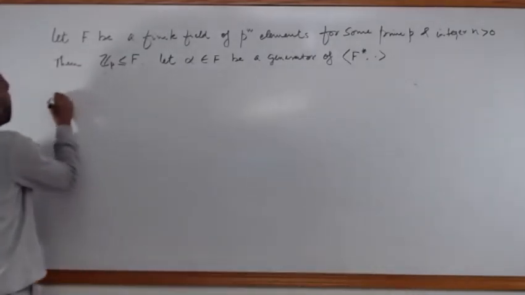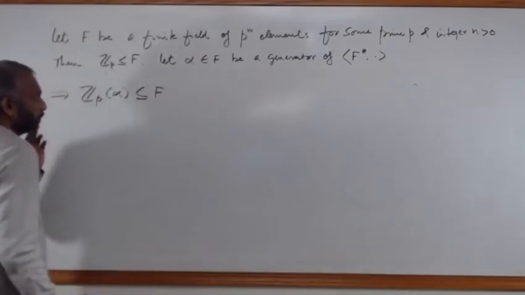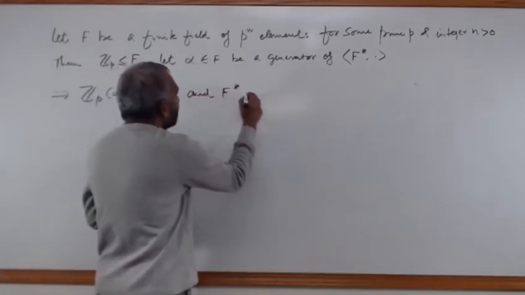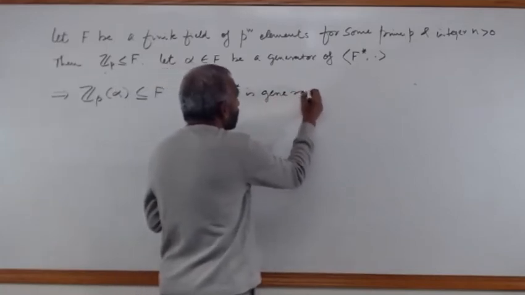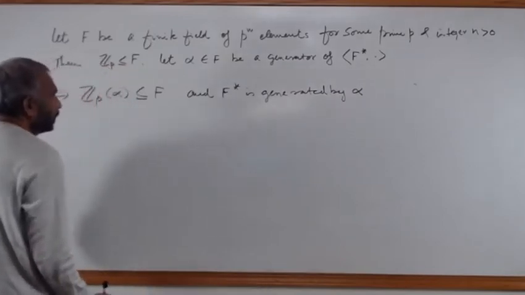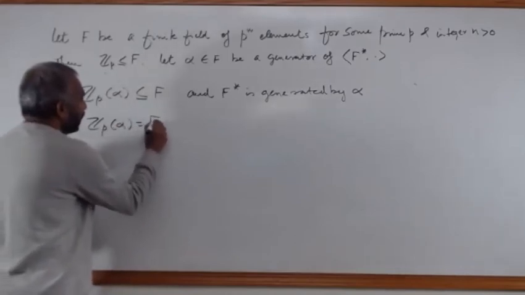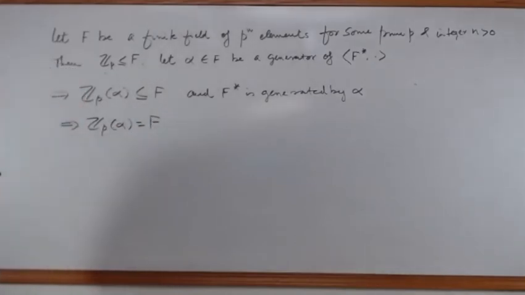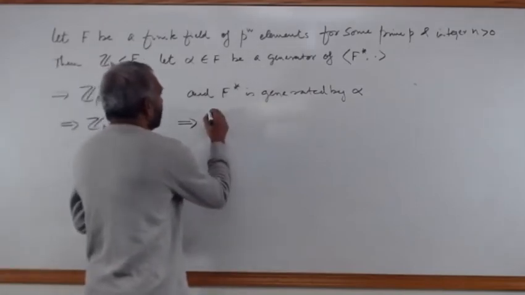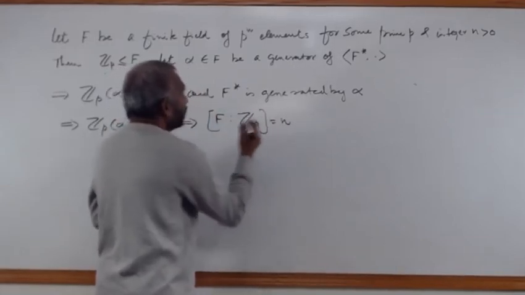So this means that Zp of alpha is contained in F, and F star is generated by alpha. That implies Zp of alpha is equal to F. And that implies the degree of F over Zp is equal to n.